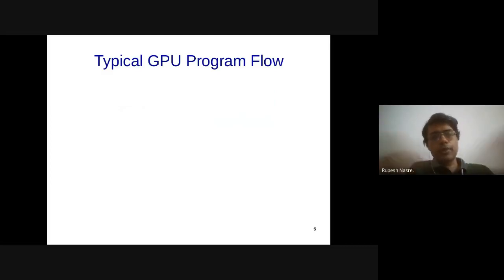If you open the box, you will probably find one chip or motherboard for the CPU, and then another motherboard for the GPU or another device altogether. There are ways in which you can have both the CPU and GPU integrated onto the same die. That is also possible. These are called integrated GPUs. But by and large, OpenACC assumes that these two are going to be separate devices with separate memories, so these are called discrete GPUs.